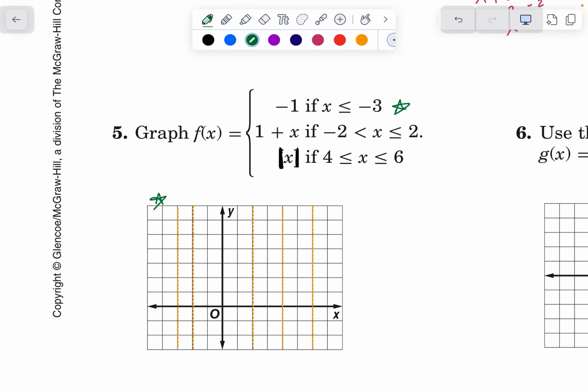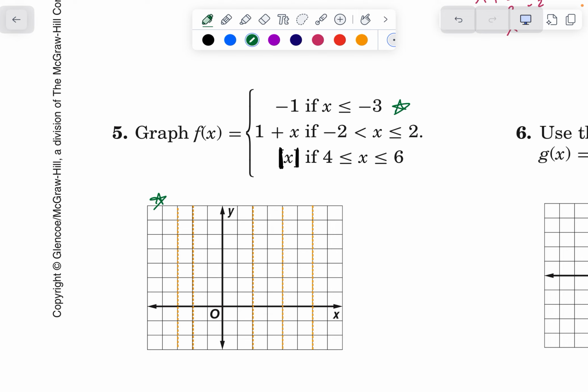So there's a dotted line at -3, -2, +2, 4, and 6. So all I'm using are these numbers right here, okay?